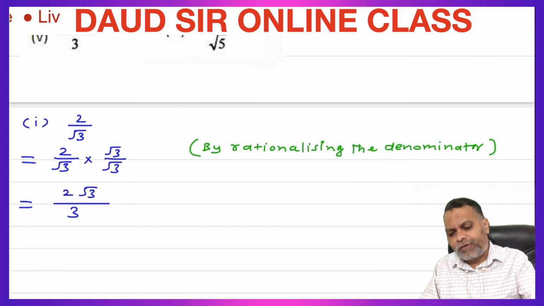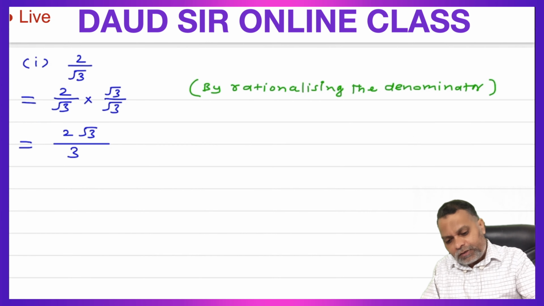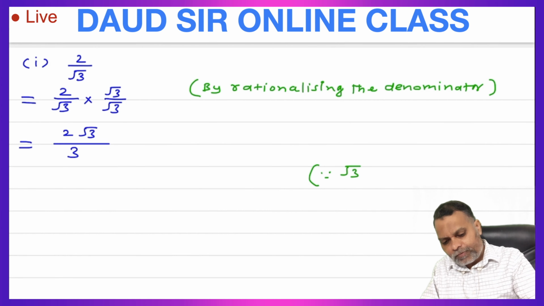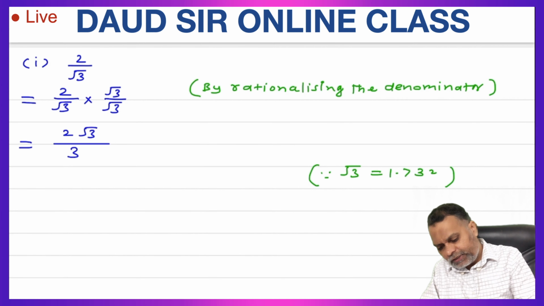Now we can substitute the value of root 3. It is given in question. Since root 3 is equal to 1.732, it is given. We have to use this value. Substitute root 3 is equal to this.